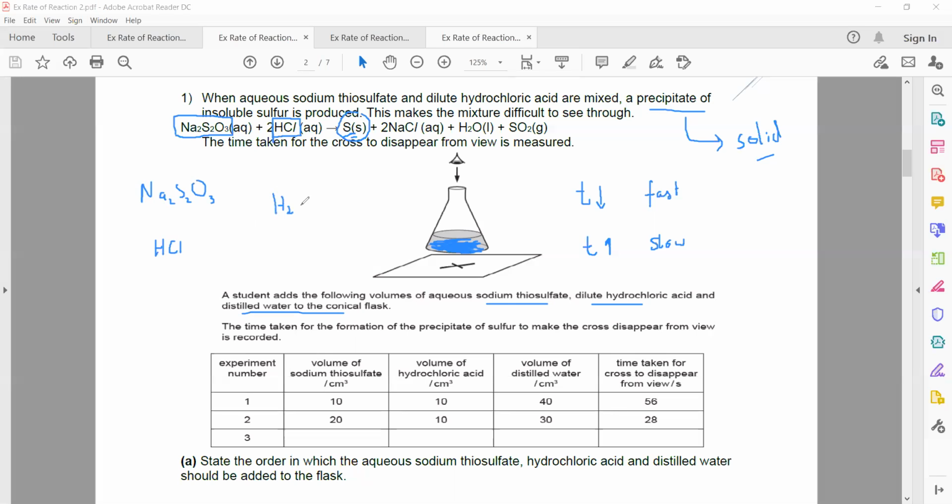He mixed all of them together. The time taken for formation of a precipitate of sulfur, meaning solid sulfur, to make the cross disappear, is recorded. So we record how much time the sulfur will take to make the cross disappear. If the reaction is faster, the cross will disappear in a short time. So this is a stopwatch.